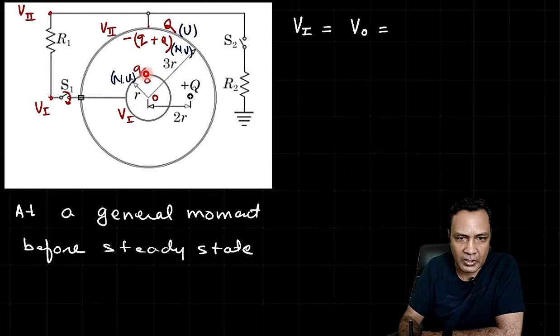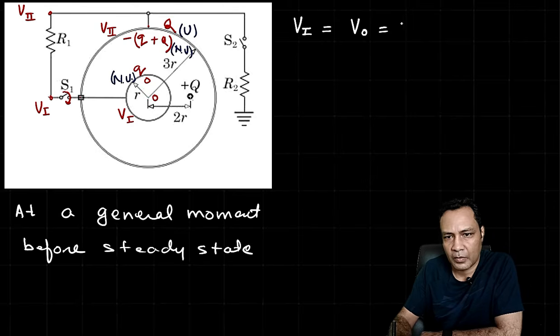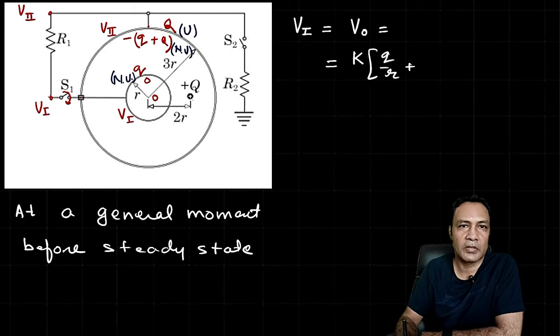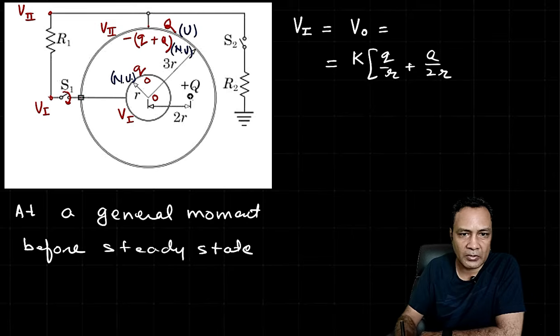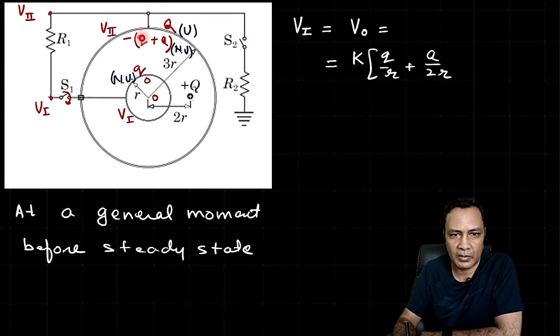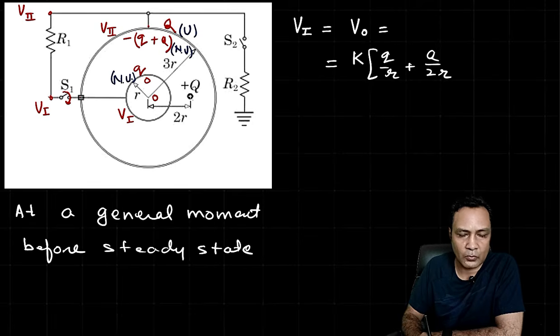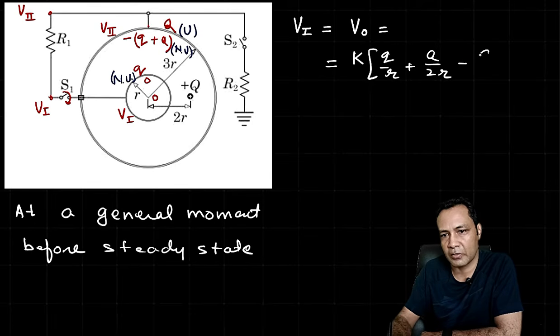So because of this charge, potential is how much? K, I will take outside, Q by R. Because of this capital Q charge, which is at a distance 2R, K capital Q by 2R. And these charges, I can write potential at once. The total of this is minus Q, so because of these two, the potential is minus Q by 3R.